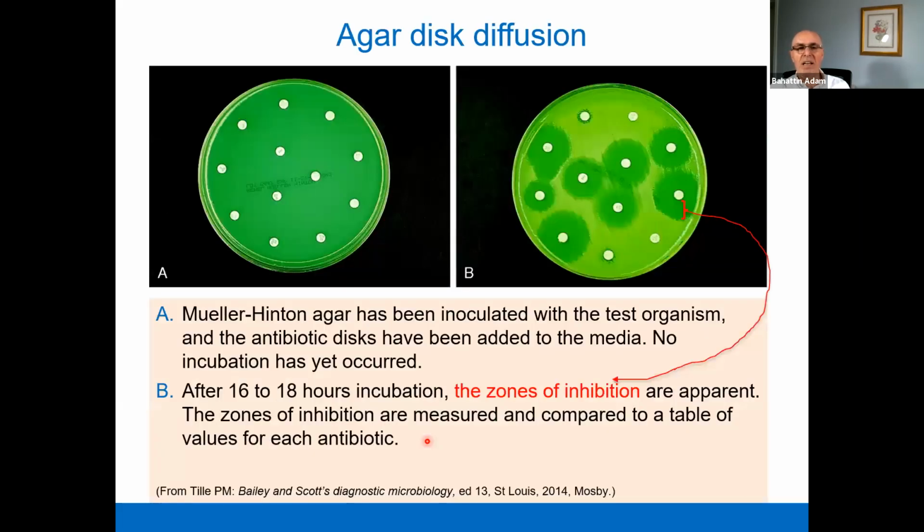Now you see here the agar diffusion, the antibiogram, how it looks. Here the medium, which we call Mueller-Hinton agar, has been inoculated with the test organism, and antibiotic discs, these white oval shapes, have been placed onto the media.